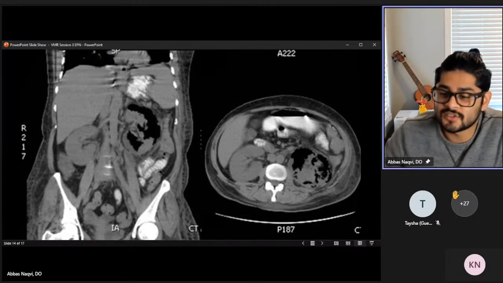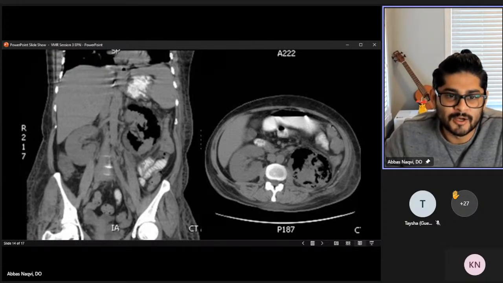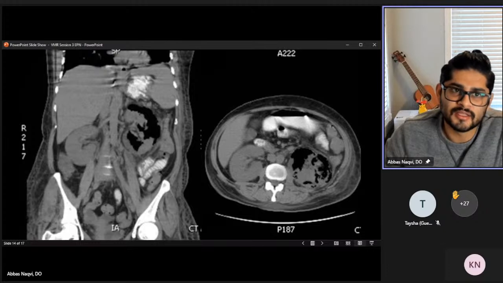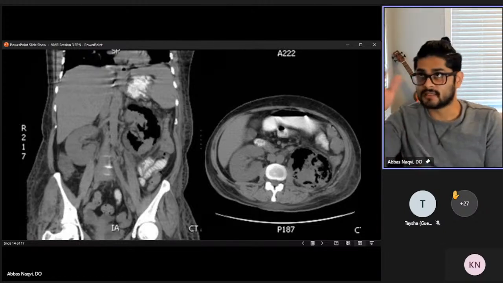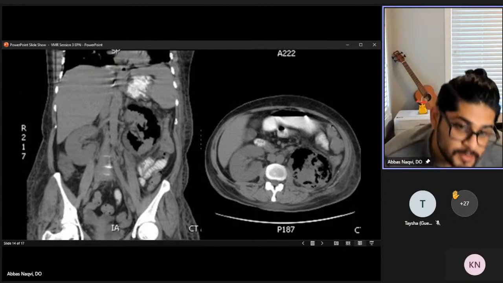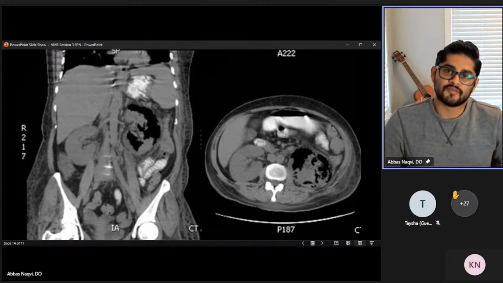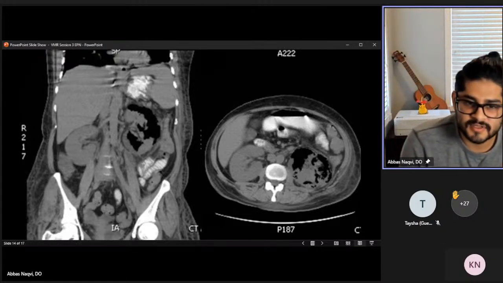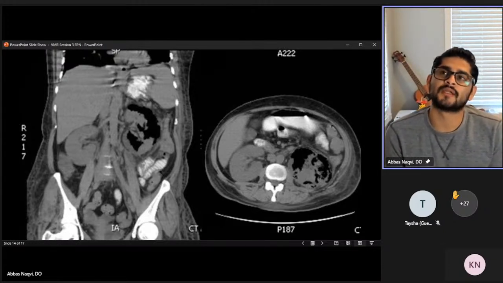Okay, so in the interest of time, this is called emphysematous pyelonephritis. All that means is that you have air in the kidney where there's not supposed to be air, and it's because of an infection in the kidney. So Minal, you said emphysematous pyelonephritis.